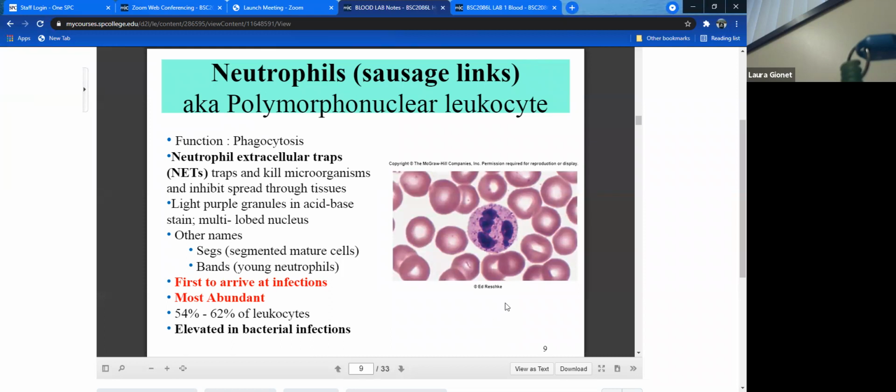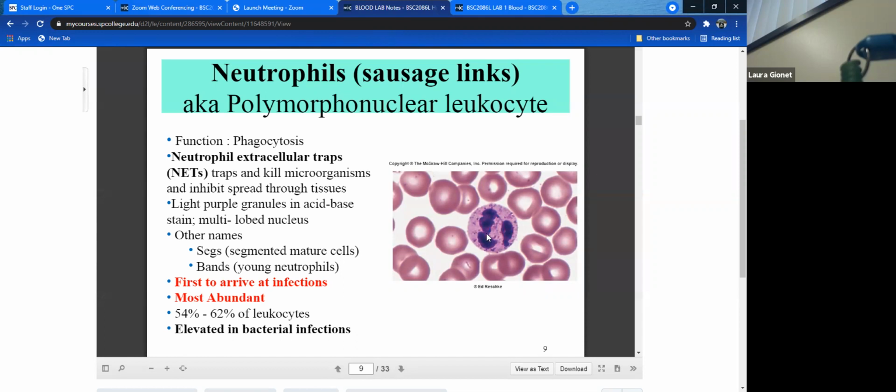So looking at this cell, you'll see that it has what's called the sausage link appearance of a nucleus. They're in segments and held together by these little pieces of nuclear material. So think of sausage links, all strung together. And that's what we call polymorphonuclear.